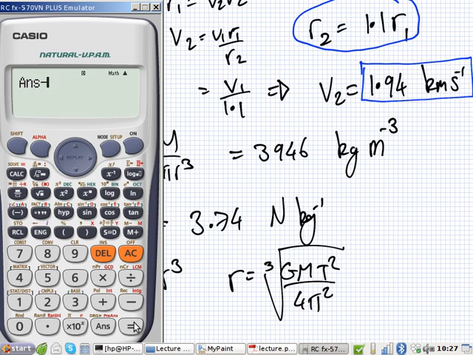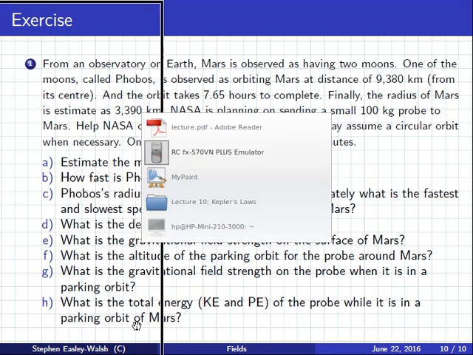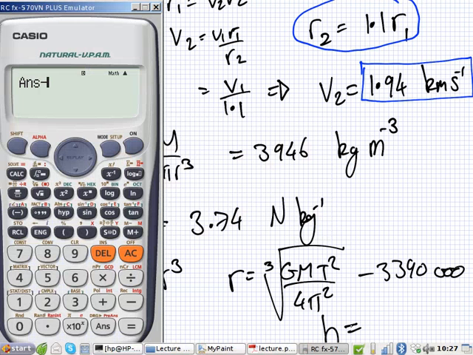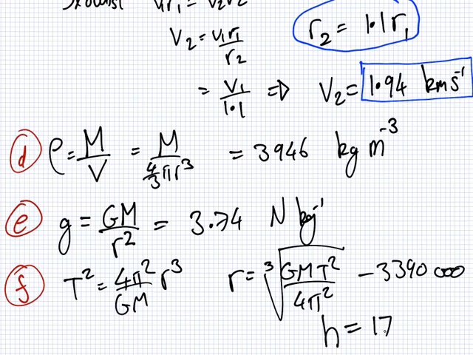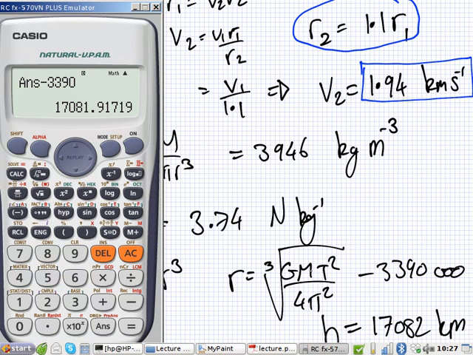So I need to subtract the radius of Mars, 3390, to get the height, which is 17082 kilometres.